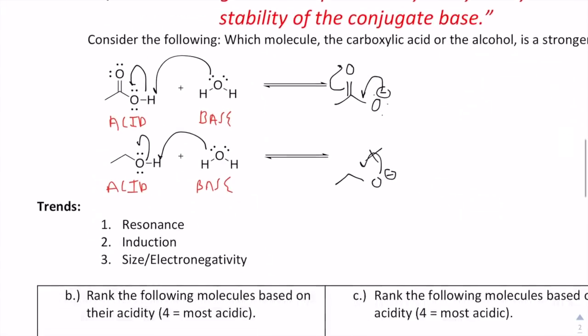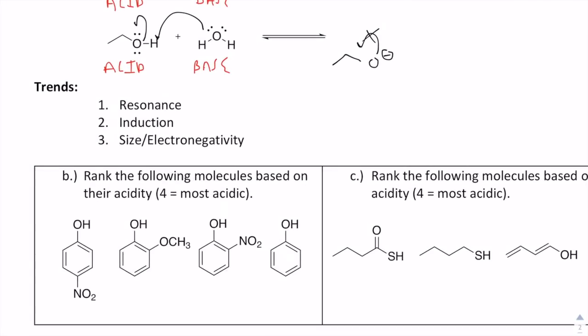There are a couple of different things that we can consider: resonance, induction, size, and electronegativity. If the conjugate base can resonate and another molecule can't, that automatically means the starting material was a better acid. Induction: if we have stronger induction, or more pulling of a negative charge over a molecule, then that starting material was a better acid to begin with.